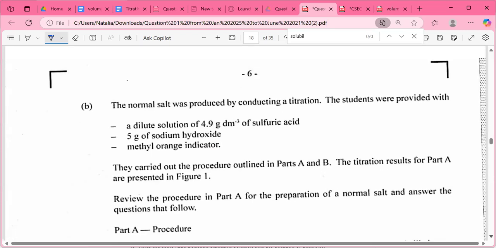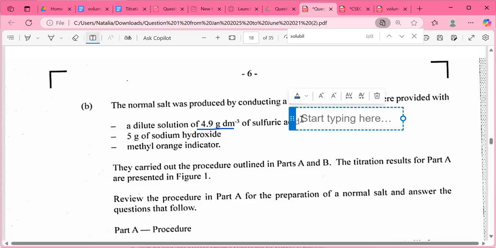A normal salt was produced by conducting a titration. The students were provided with a dilute solution of 4.9 grams per dm cube sulfuric acid. So when we read this, we are given the concentration of sulfuric acid, and the concentration is given in grams per dm cube. So we are going to make a note that this is our standard solution.